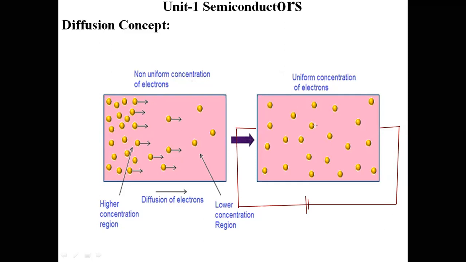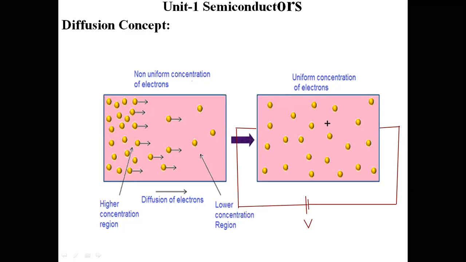Let us assume this is the semiconductor material. For this semiconductor material, I am applying a voltage supply with a positive terminal and a negative terminal. The electrons present in the semiconductor material will drift towards the positive terminal of the battery. Then I am getting the drift current.